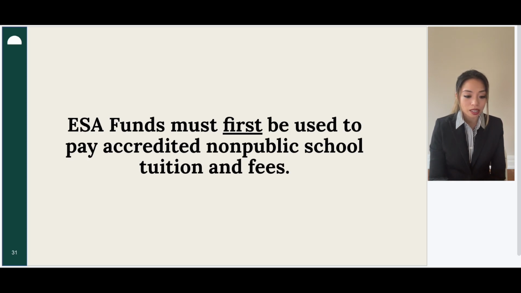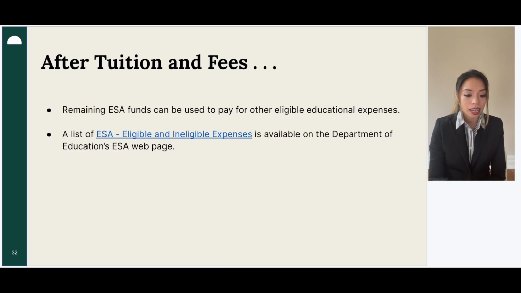After tuition and fees, the remaining ESA funds can be used to pay for other eligible educational expenses. We'll take a look at some examples of both eligible and ineligible expenses in a moment, but there is a list on the ESA eligible and ineligible expenses that is available on the Department of Education's ESA webpage.